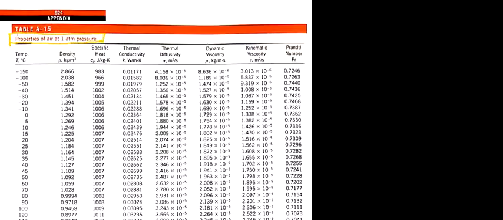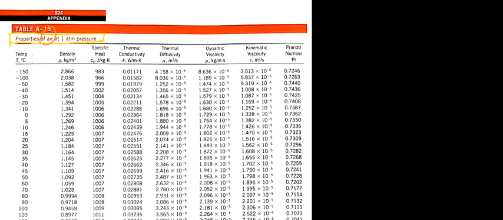Again, I've searched for the properties of air at certain conditions. If your given fluid is not air, then you must search for another property table. But since our problem is regarding air, I have presented to you the properties of air.